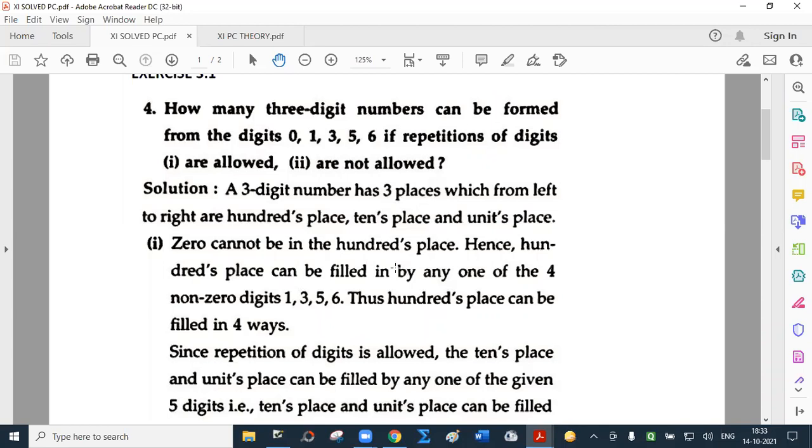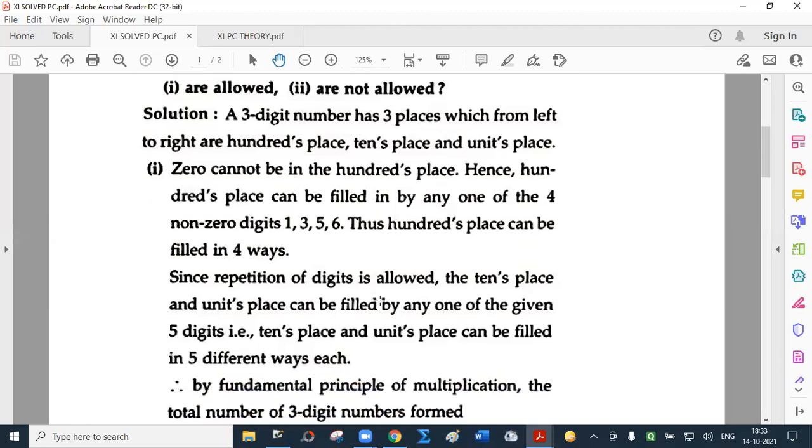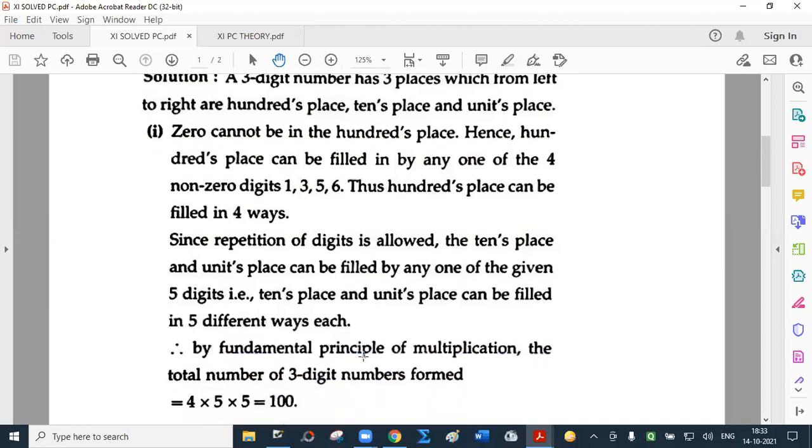So the word and is there. If you say either hundreds place or tens or units, it will not do. You won't get a 3-digit number. So hundreds place and tens place and units place. By fundamental principle of multiplication, total number of 3-digit numbers is 4 into 5 into 5, that is 100. This is the first part.